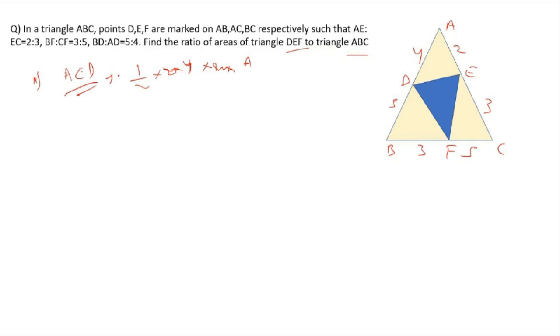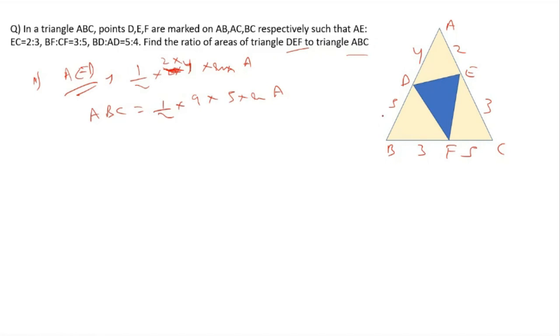Why did I use this? Because I have to compare this with the bigger triangle. The area of AED is half into 2 into 4 into sine A. Using the same sort of sides, the area of ABC will be half into 4 plus 5, which is 9, into 2 plus 3, which is 5, into sine A. I'm writing this because I need to take sine A as common so that when we take the ratio, it gets cancelled off.